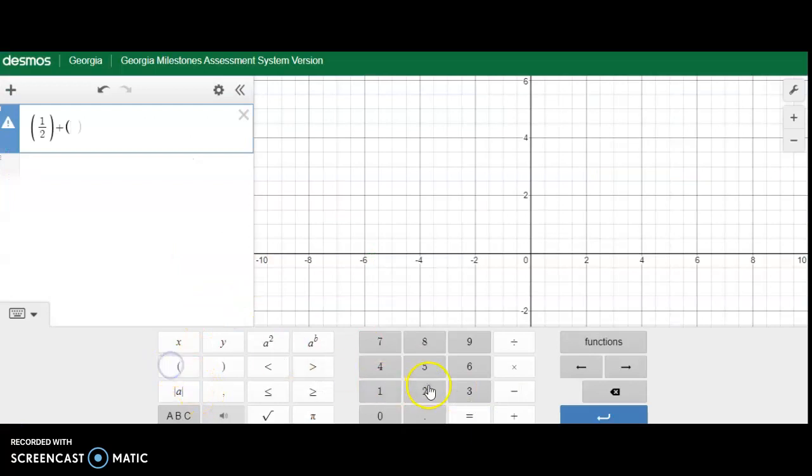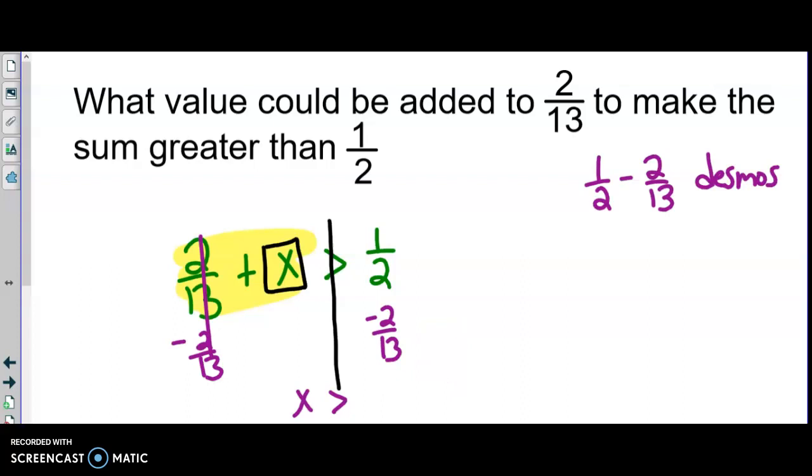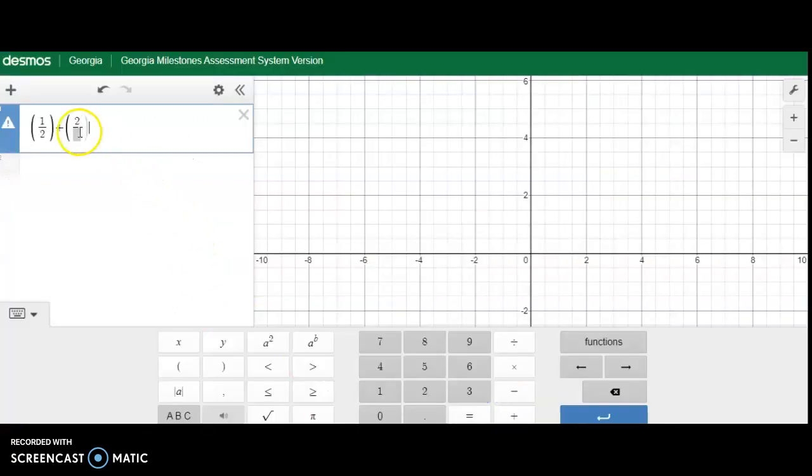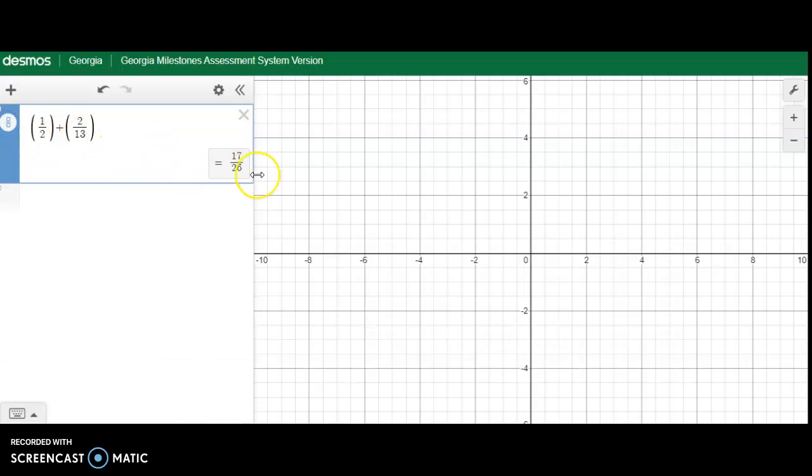So again in parentheses, 2 divided by 13, and then I close my parentheses. It gives me this really ugly decimal, but I want it as a fraction, so here we go. As a fraction, that's 17/26.